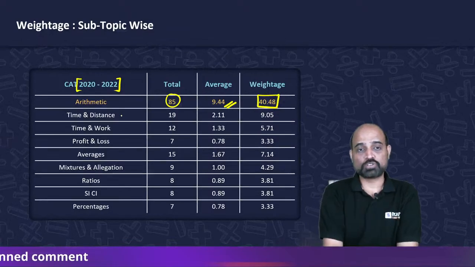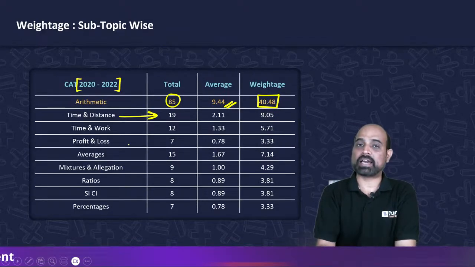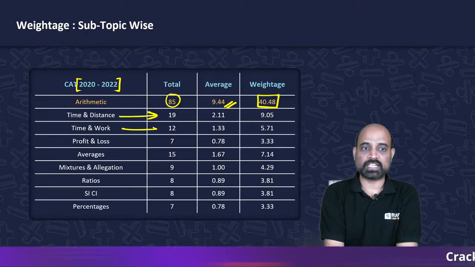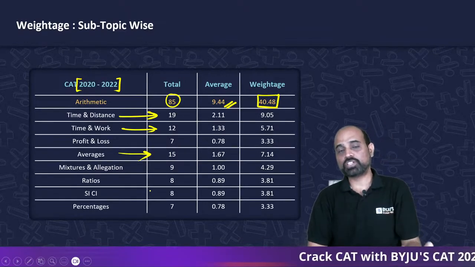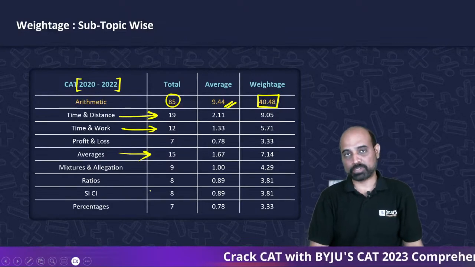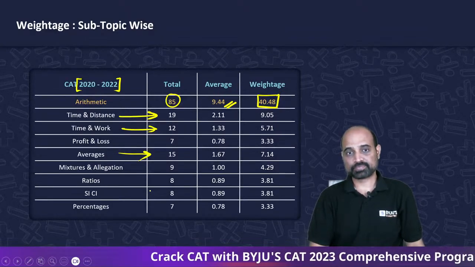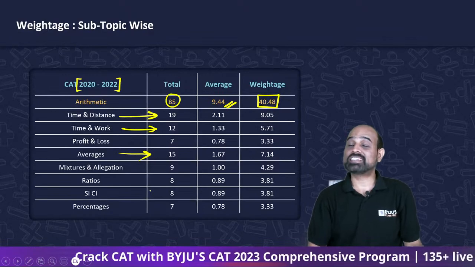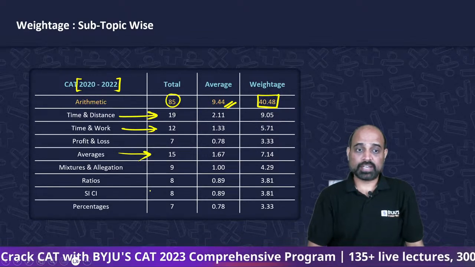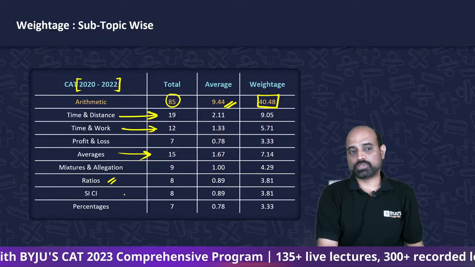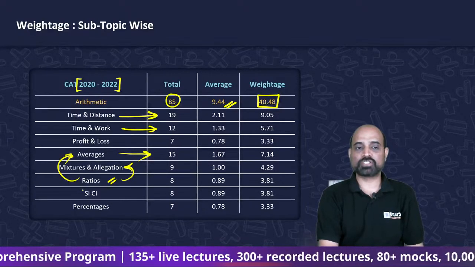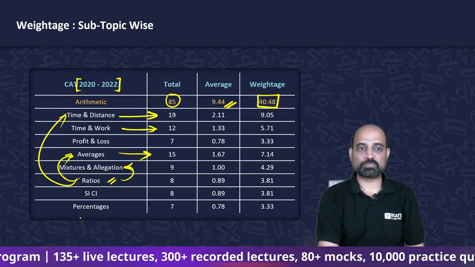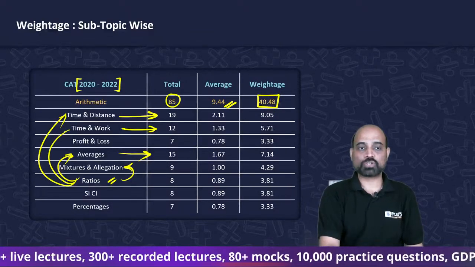Now, within these, you will find that TSD takes up the maximum number of questions, then comes time and work, then comes averages. These 3 topics cover almost 75% of the total questions. So you can see this is huge. Obviously, if you don't do ratios, you won't be able to solve mixtures and alligation, averages, time, speed and distance, or time and work.